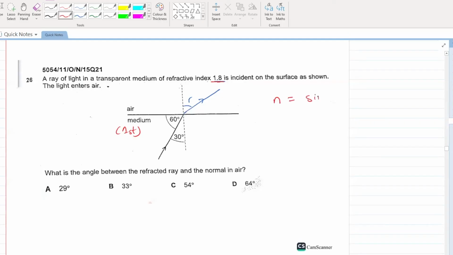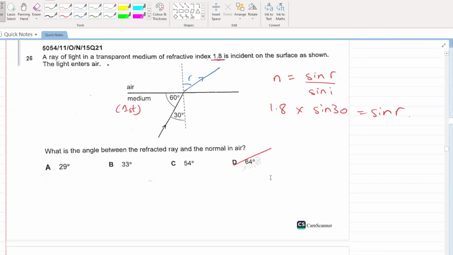N is equal to sine R over sine I. N is 1.8. Sine of 30 times 1.8 is equal to sine of R. Taking the sine inverse, this gives you a value of 64 degrees as your angle of refraction, R.